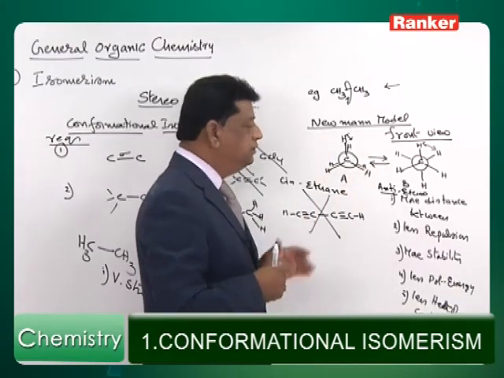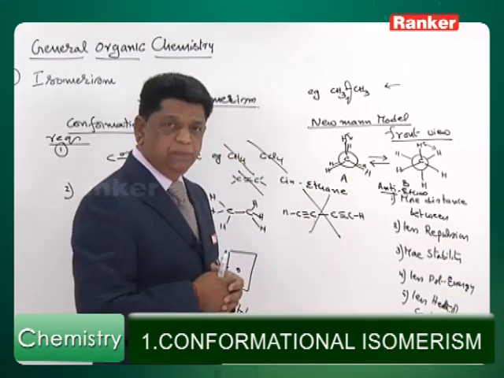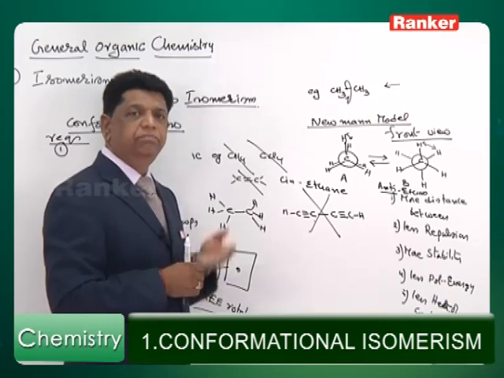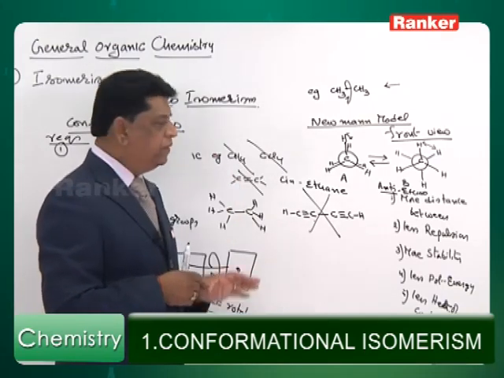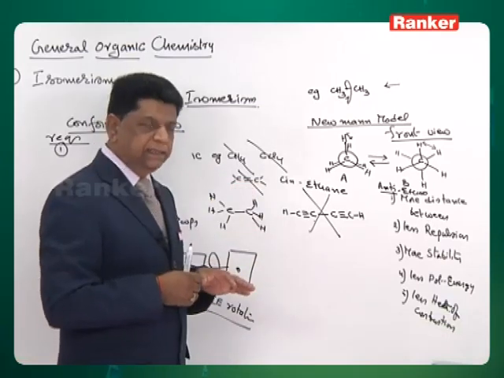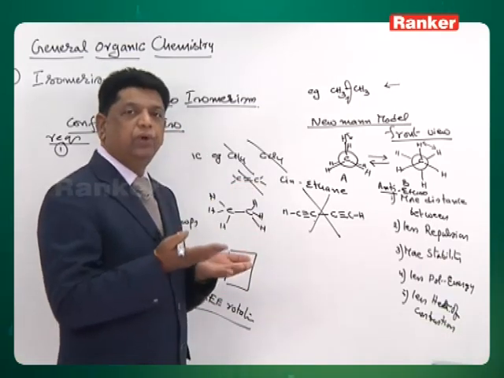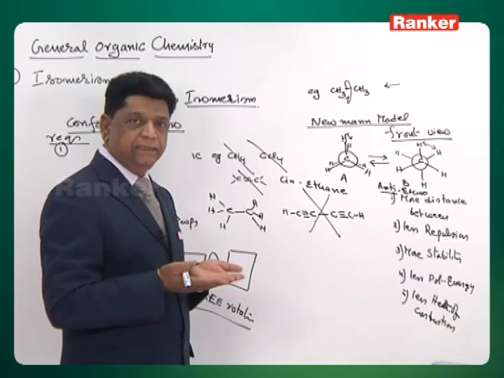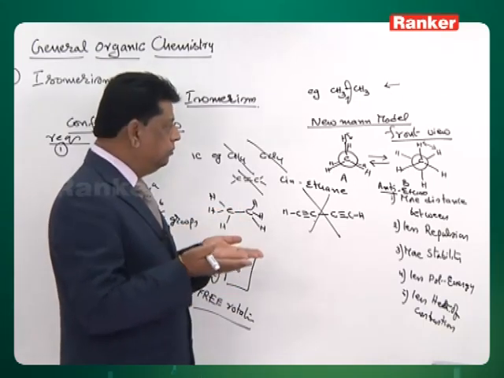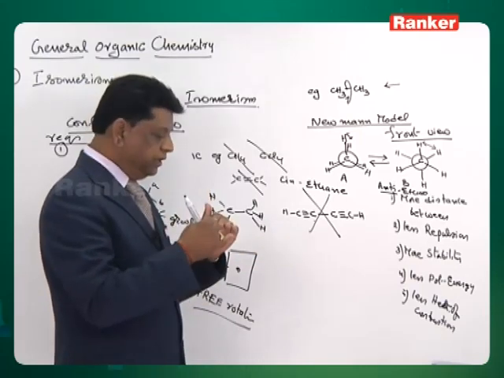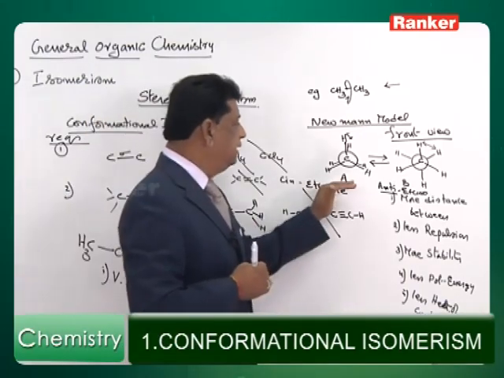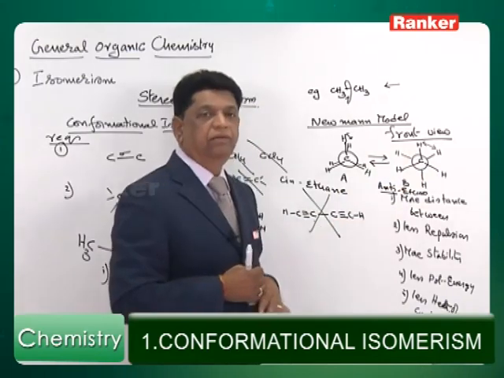Out of that, which is more stable? B. So which percentage will be more? Always B. At any temperature, B percentage will be more. But as the temperature increases, the relative ratio will decrease. As the temperature increases, the relative difference will decrease. As the temperature goes down, A percentage will be less, B percentage will be more.